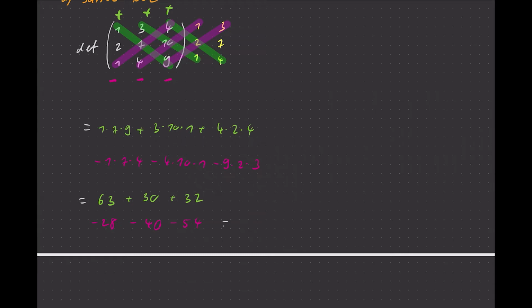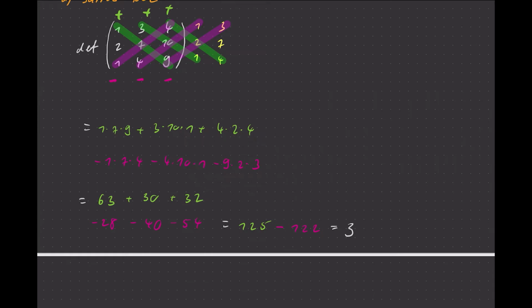So what we get here is, let's see, 63 and 30 and 32, that's 125 for the positive parts. Minus the negative parts sum up to 122. So the remainder here is 3.